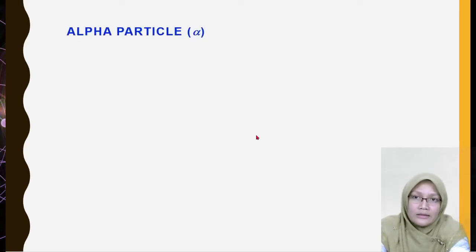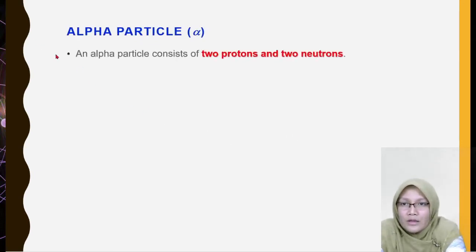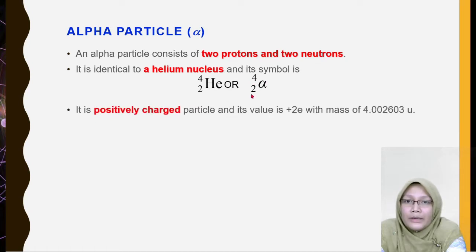Okay, so kita masuk ke alpha particle decay. An alpha particle consists of 2 protons and 2 neutrons. It is identical to a helium nucleus and its symbol is this one helium, or kita boleh tulis sebagai alpha particle lah. Macam ni lah alpha. Okay, 4 2.